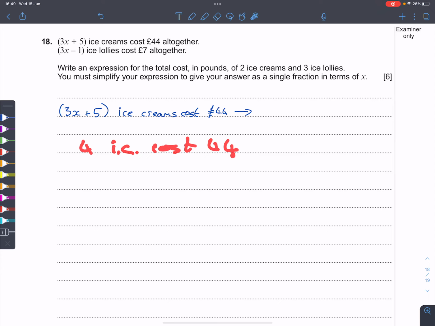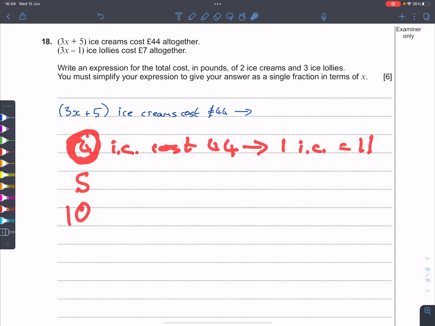Well, yeah, I could. I could divide everything by 4. So that would say that 1 ice cream would be £11. So if I divide by this, it will always tell me what a unit is. So if I had 5 ice creams cost £44, 1 ice cream would be £44 divided by 5.